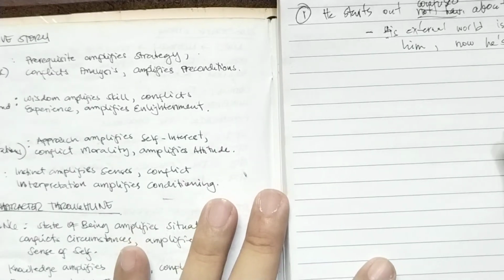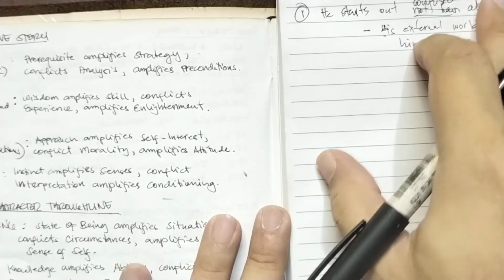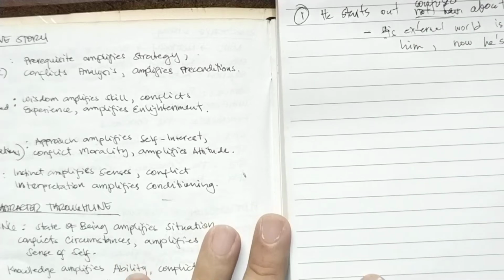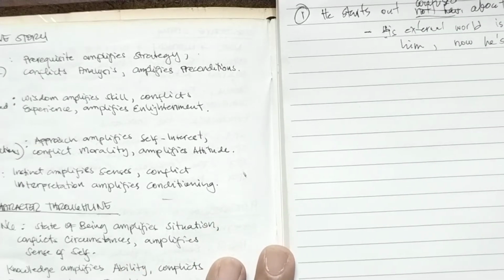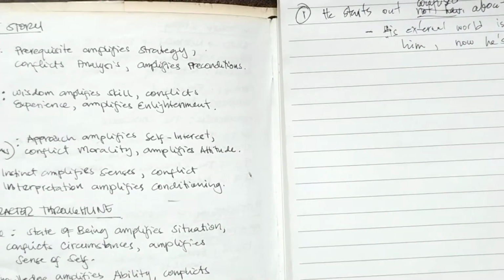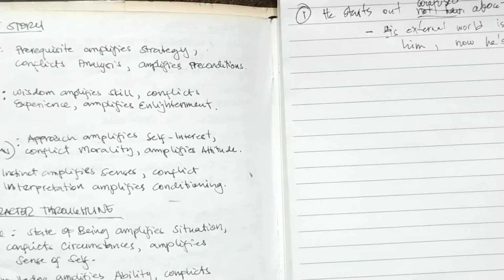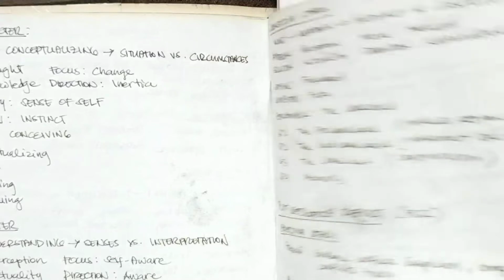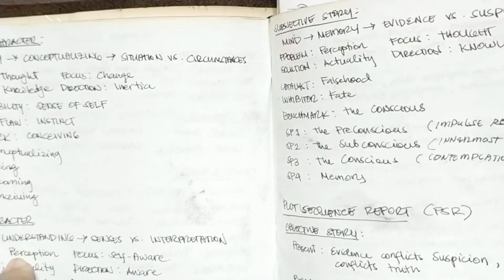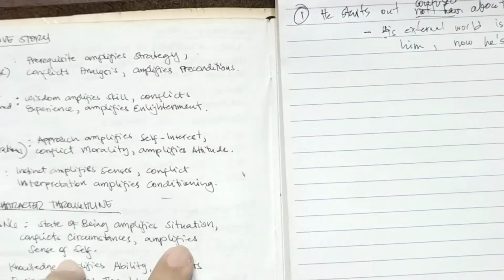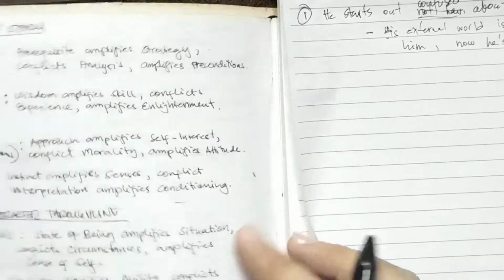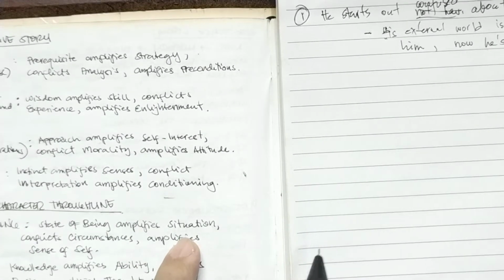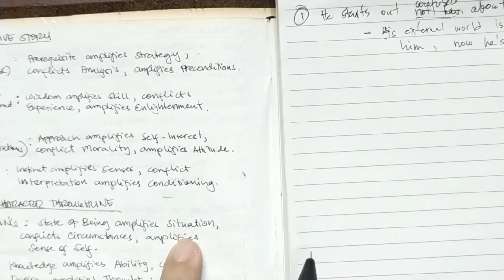So that amplifies his confusion, amplifies an error in how he sees the situation. Okay? How he sees the world. So that now relates to the perception problem. So we can already see that there's a perception problem here in the main character through line.